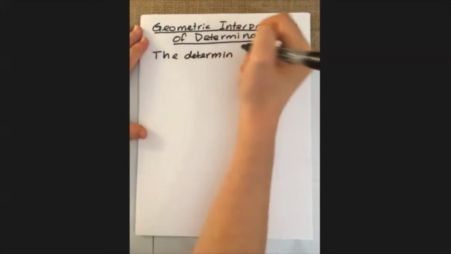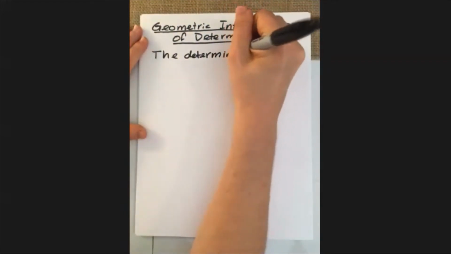First, I just want to say, overarching this whole thing, the determinant gives kind of a notion of area or volume as defined by the vectors that you're working with.